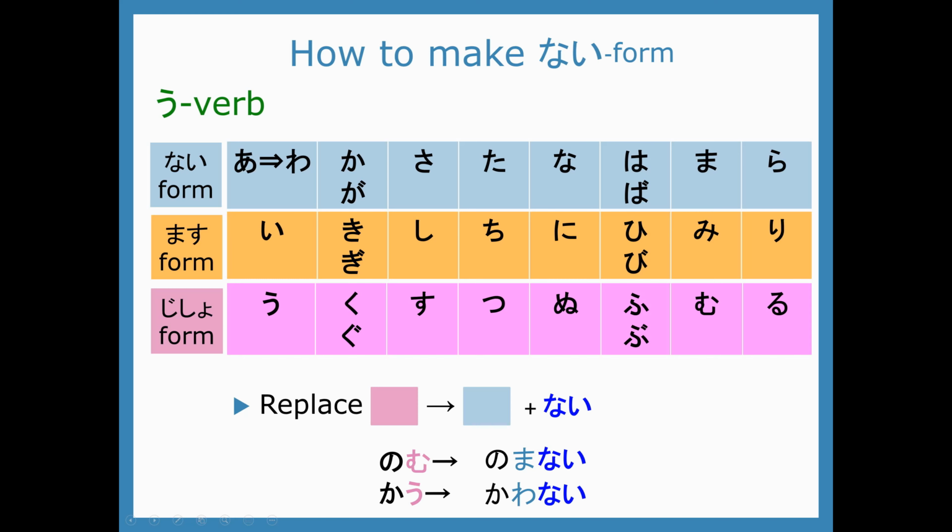We also have one that's entirely an exception. Aru just completely changes to nai. So it's a little bit irregular in this case, so we have to keep track of that. Aru becomes nai. But the rest of the verbs will follow this pattern.